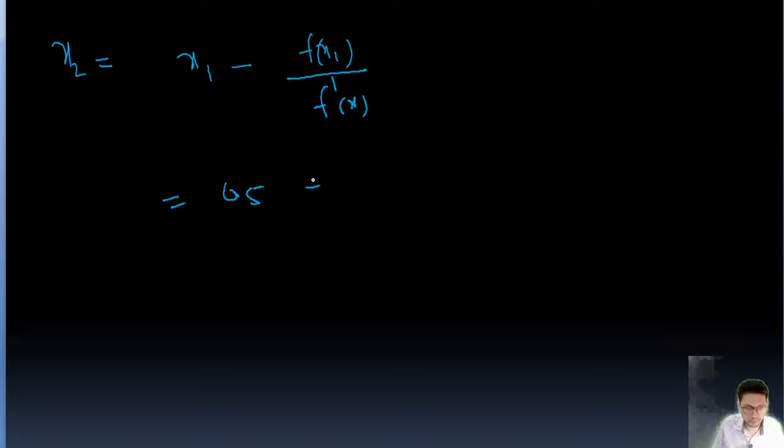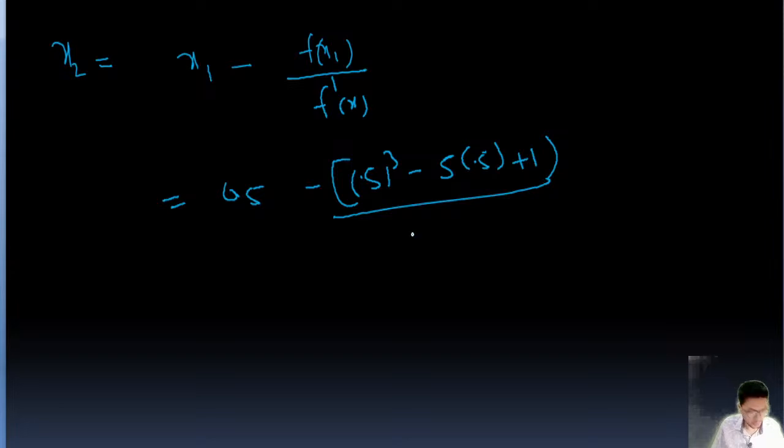This is going to be f(x1) upon f dash(x1). So this value is going to be 0.5 minus 0.5 cube minus 5 into 0.5 plus 3, upon 3 into 0.5 square minus 5.